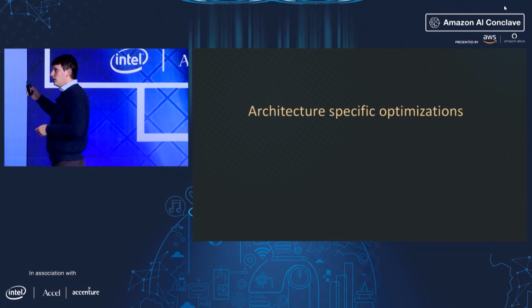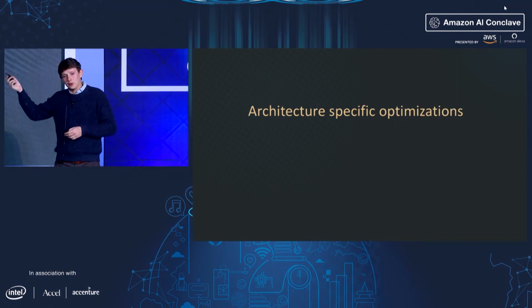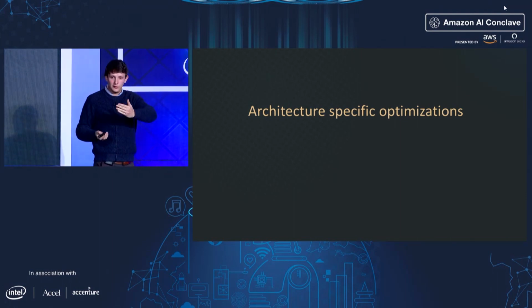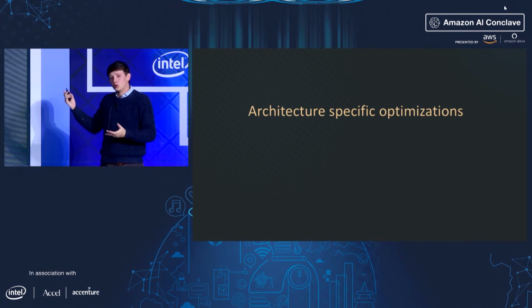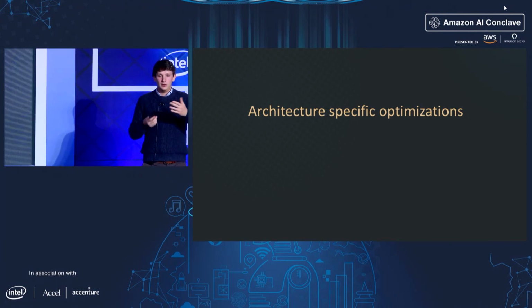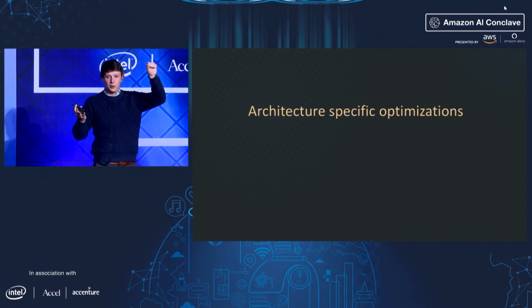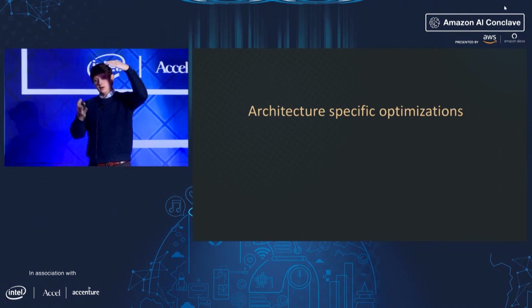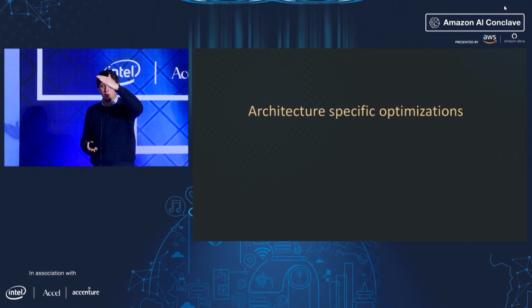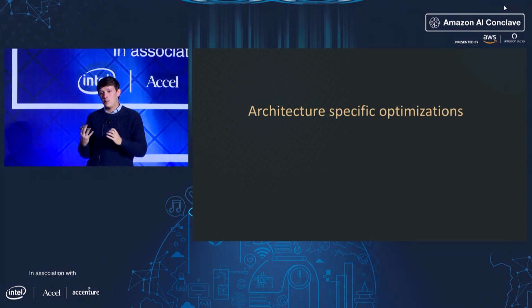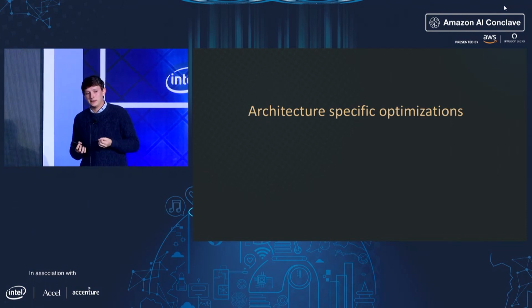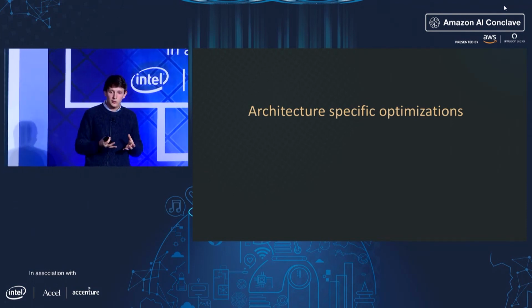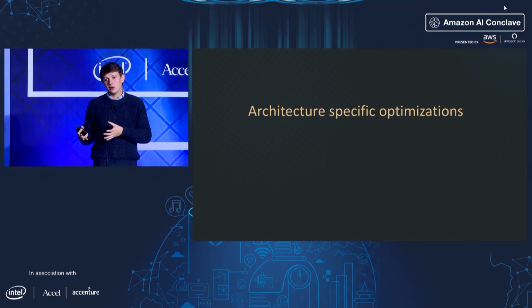If you go through the documentation of Neo, you get a list of compatible architectures. In SageMaker, you have your model, you call model.compile, and you say which architecture you want. Then you get a compiled model artifact in S3, which runs through a specific Docker container.